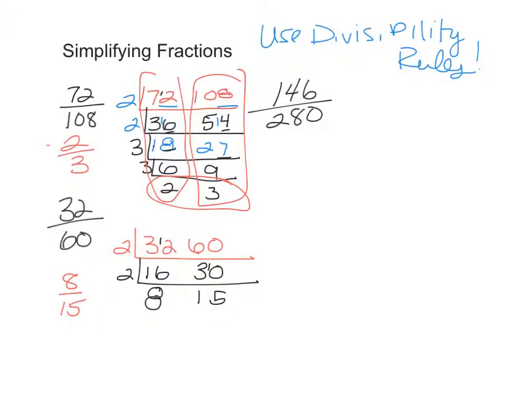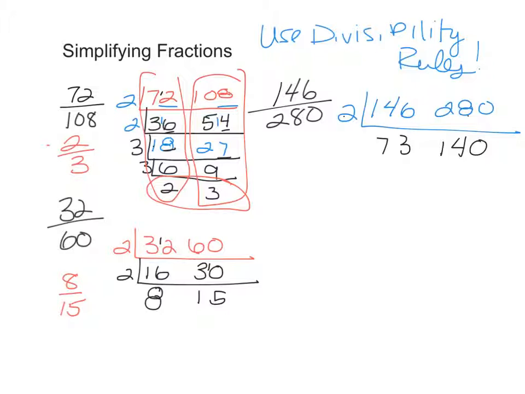Alright, we can also do it with bigger numbers. Our 146 over 280. Again, even numbers. 2 goes into 14 7 times, no leftovers. 2 goes into 6 3 times. 2 goes into 2 once. 2 goes into 8 4 times, and 2 goes into 0 0 times.